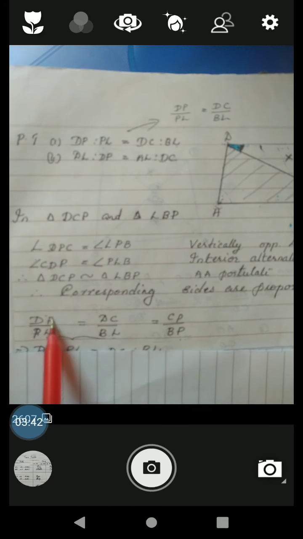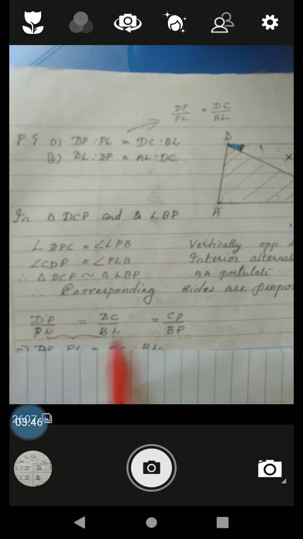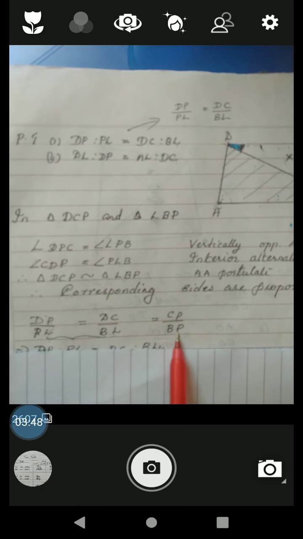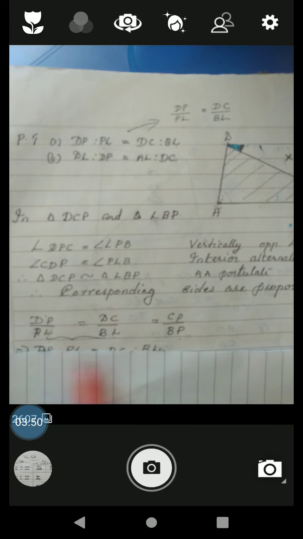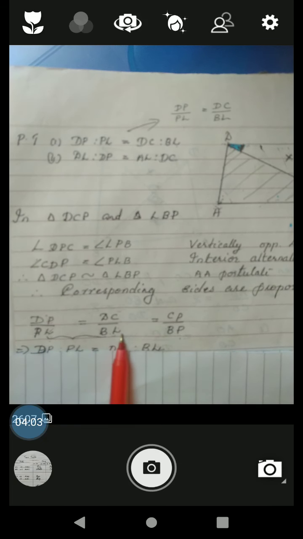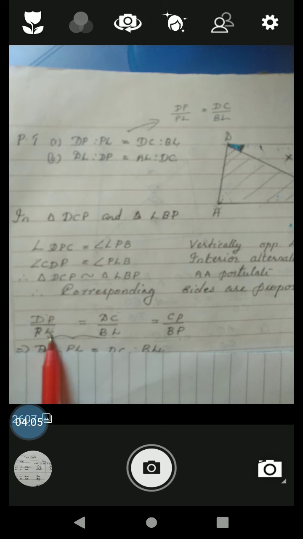That is, DP by PL is equal to DC by BL is equal to CP by BP. Now consider the first two. That is, DP by PL is equal to DC by BL, which implies DP is to PL is equal to DC is to BL.